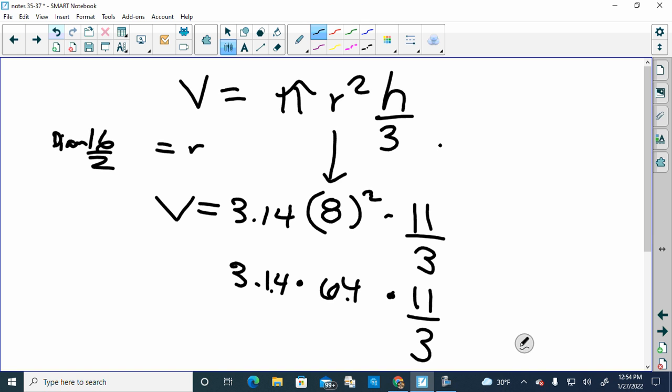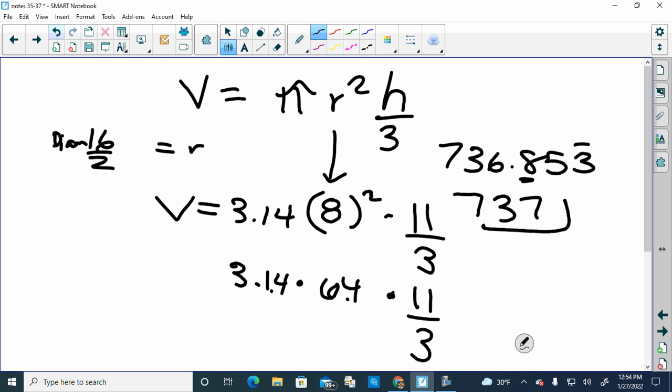So tell me what you get. Okay, the 3 repeats, right? Okay, so on here on number 75, it says round to the nearest cubic foot. So what they want is the whole number. So you're looking at the number next to it, and so that would round up to 737 is what they're wanting.